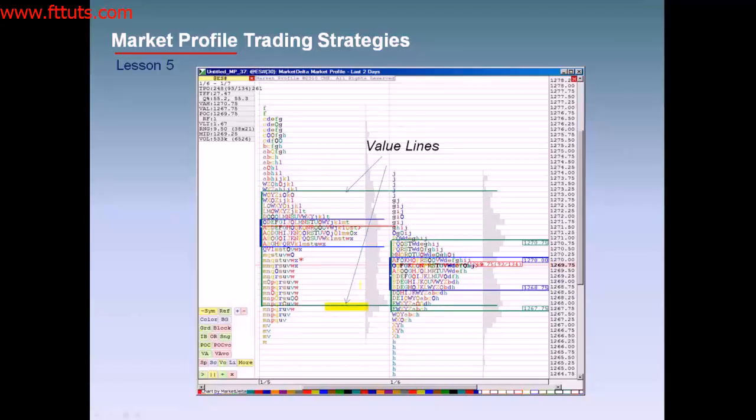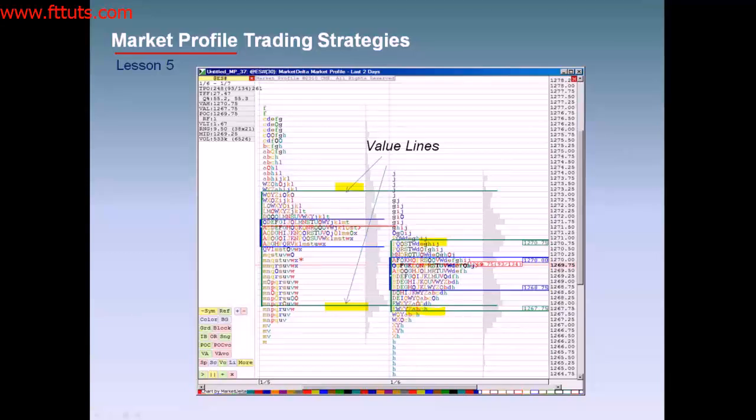There's a lower value line and a higher value line. If you take a look here on the chart, I don't want you to think that this was created by chance or accident.